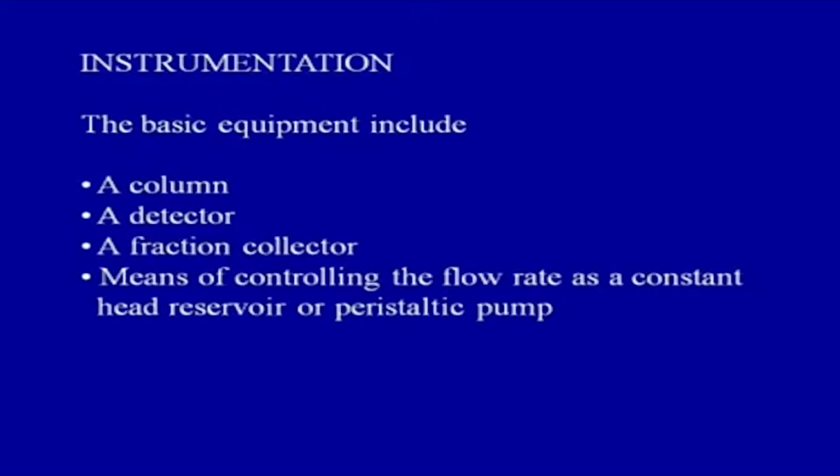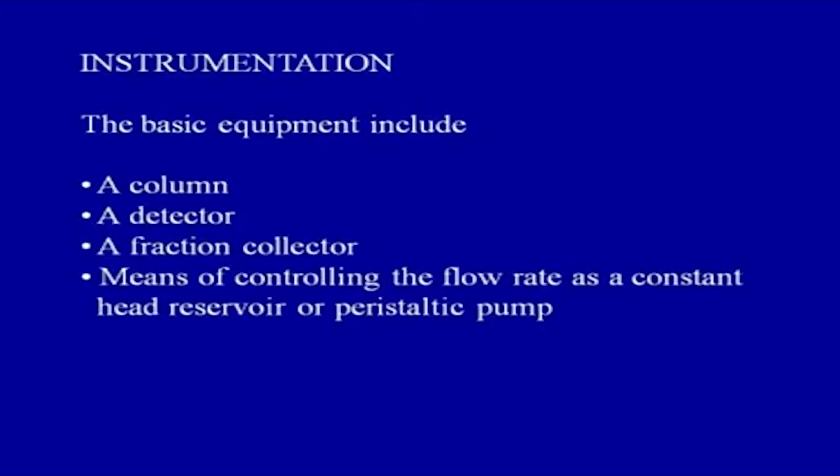Now, if you consider the instrumentation of gel filtration, it is very basic, as we have already discussed earlier for low pressure chromatography and for high performance liquid chromatography. The basic part is a column, which as I said is a long, narrow bore column.